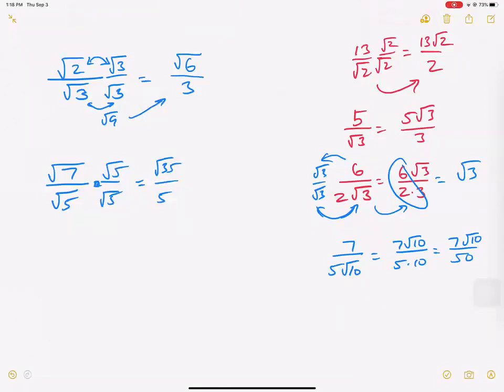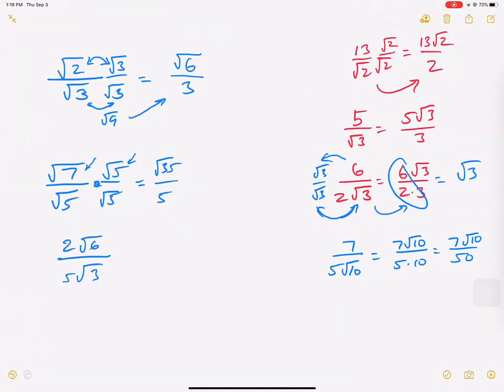And since there is no pair, we have a 5 and a 7, we're stuck with square root of 35. Okay, let me throw in some numbers here. For the right, 2 square root of 6 over 4. Let's not do 4. Let's do 5 square root of 3.